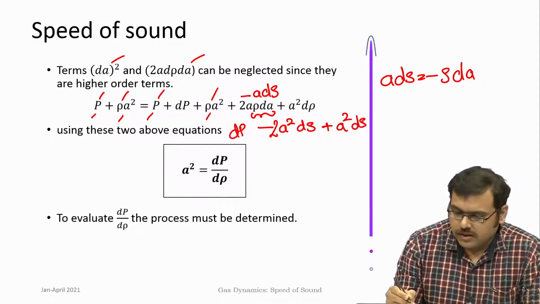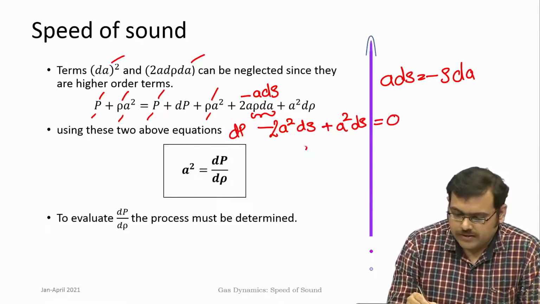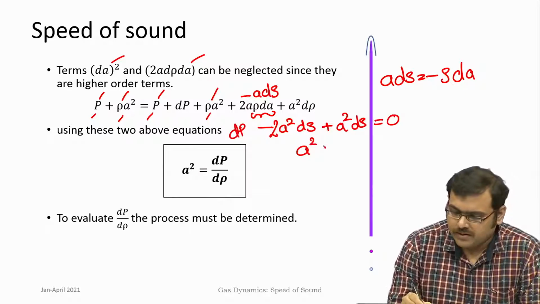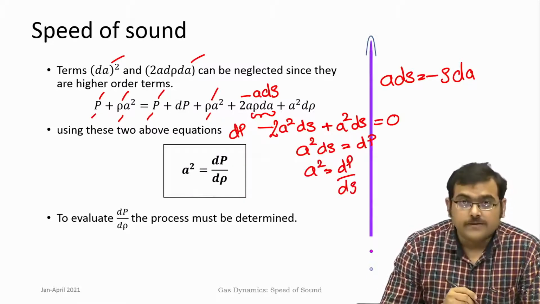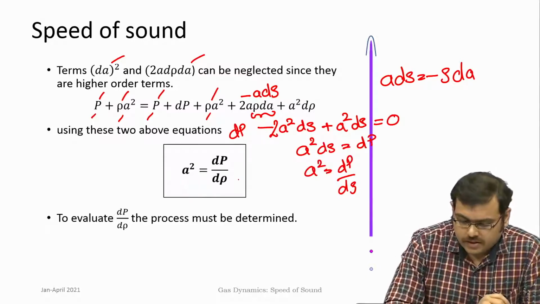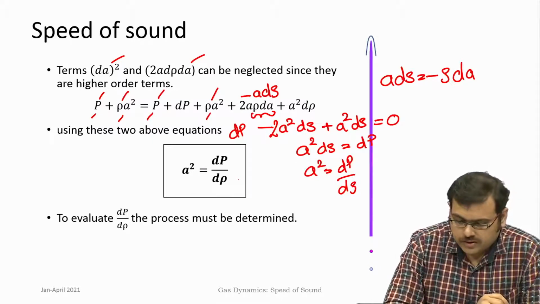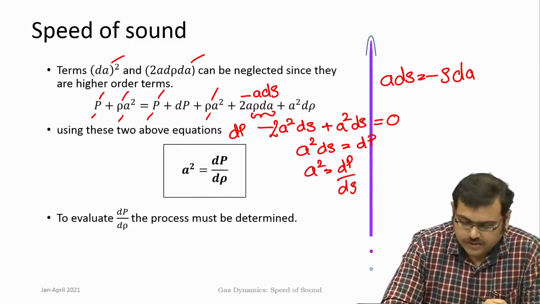So this is how you get that's equal to 0. So you get a square d rho equal to dp, or a square equal to dp by d rho. So once you get this, this relates the speed of sound to the derivative of pressure dp by d rho.